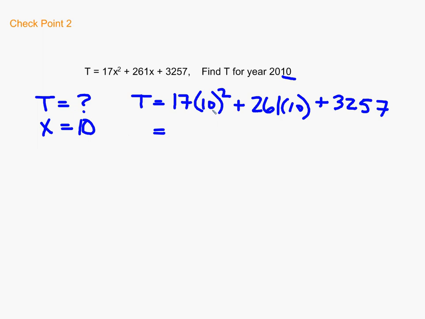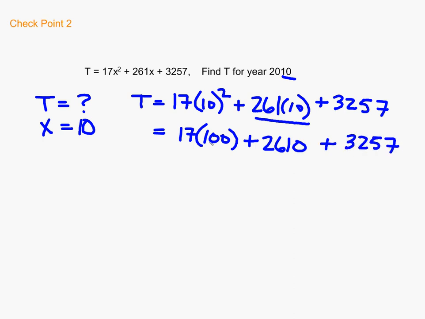Using order of operations, I'm going to do the exponent first, so 10 to the power of 2 is 100, multiplied by 17. I'm going to go ahead and figure that one out. 261 times 10 gives me 2,610. And then plus, I'm just going to bring down my 3,257.